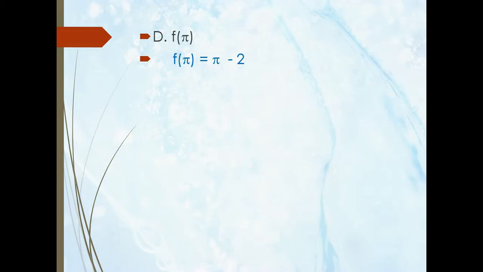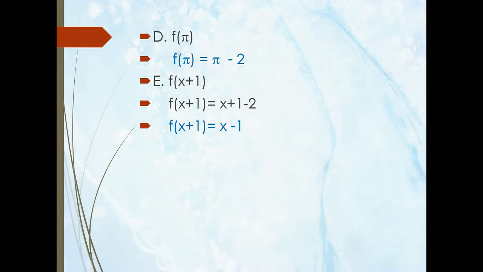Letter E, f of x plus 1. f of x plus 1 is equal to x plus 1 minus 2. That would be x minus 1. f of 3x. f of 3x is equal to 3x minus 2.